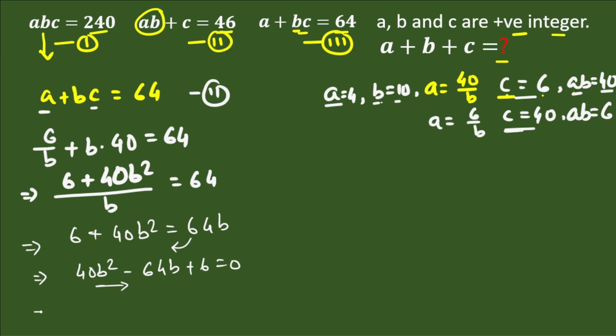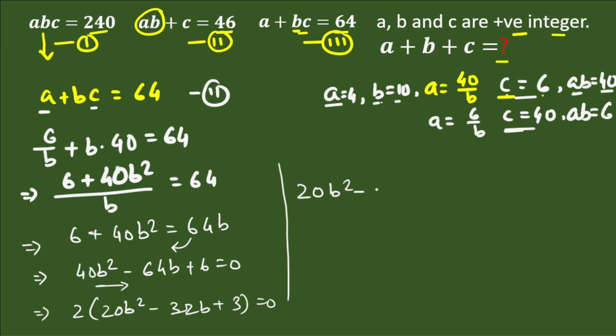After taking 2 common, the equation will be 20b² − 32b + 3 = 0. Now we'll divide both sides by 2.